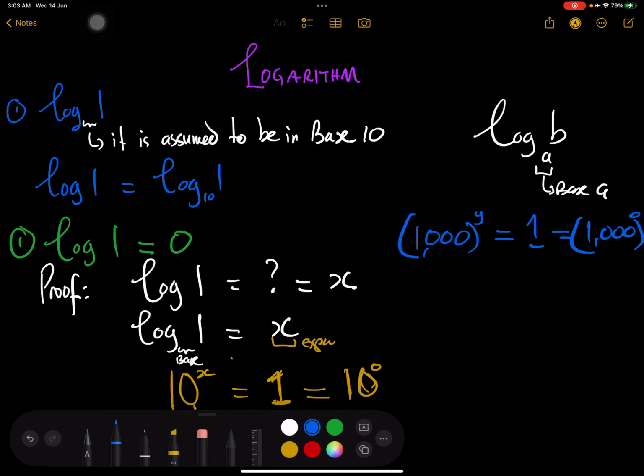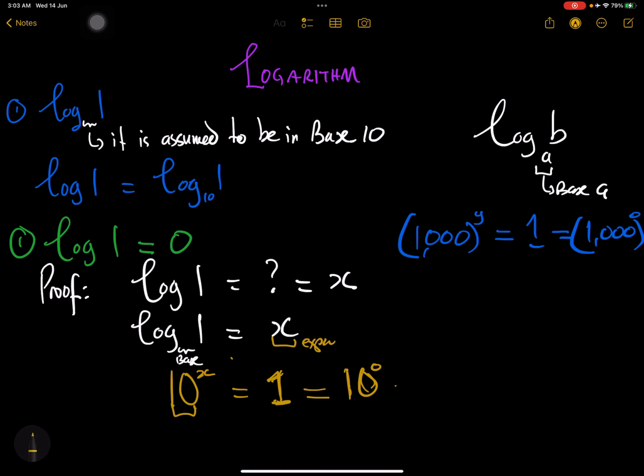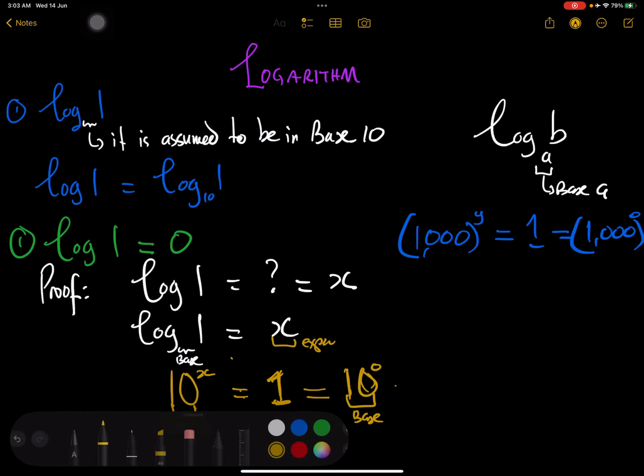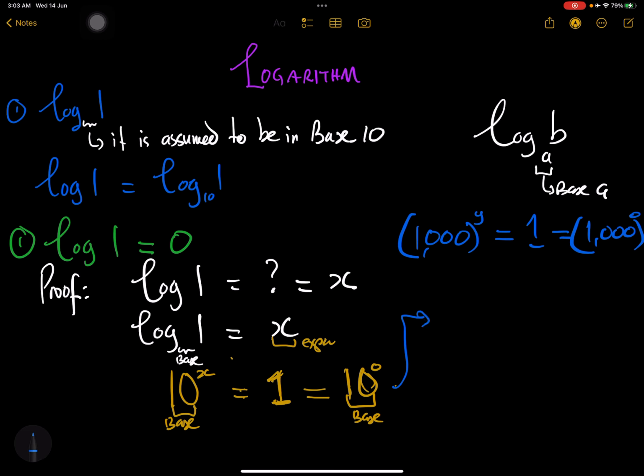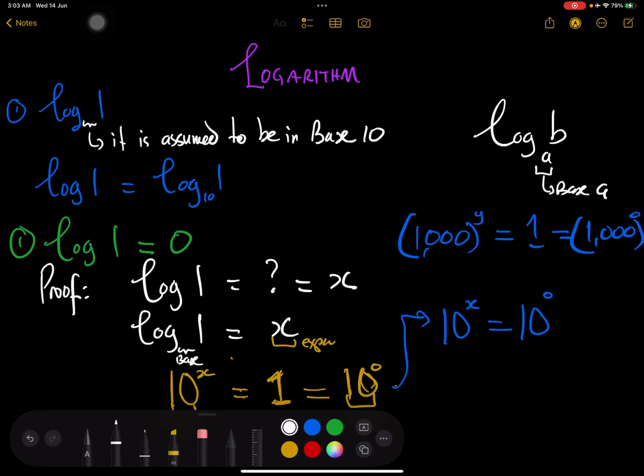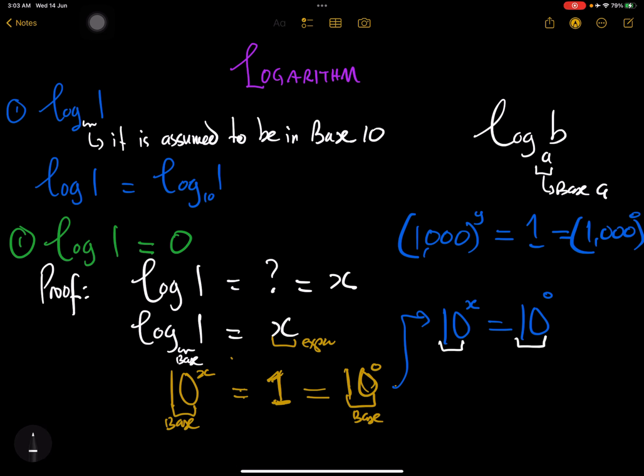Now, since we have 1 to be 10 to the power of 0, can you see that this base and that base are equal? Since the two bases are equal and there's an equal to sign between, we are having 10 to the power of x is equal to 10 to the power of 0. Since this base and that base are the same and there's an equal to sign in the middle, it means the exponents are the same.